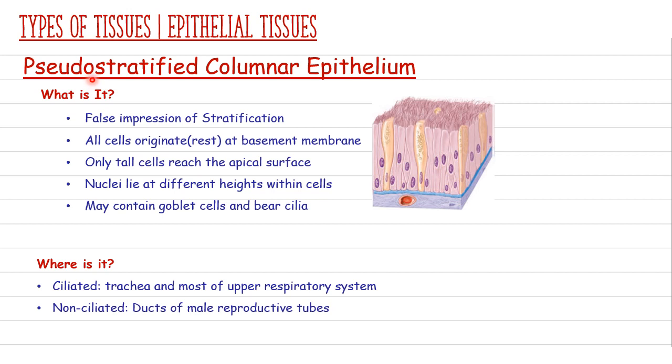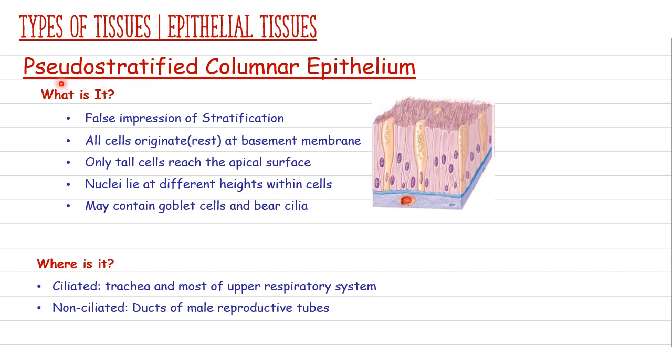The first part, pseudo, means false, not genuine. Stratified means more than one layer, as we've been discussing. Columnar tells us that the cells are column-shaped.